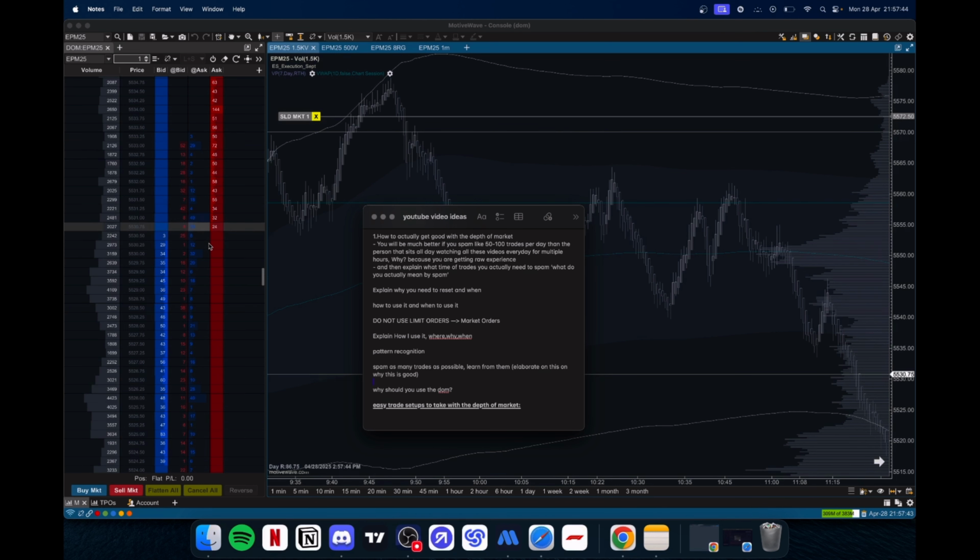When you discover a pattern and you stick to it. Because sure, there's all these terminologies, absorption, castling or whatnot, man. But the best thing in the DOM is actually recognizing a pattern that happens again and again, every single time. That is what's so important, man, is recognizing a pattern.